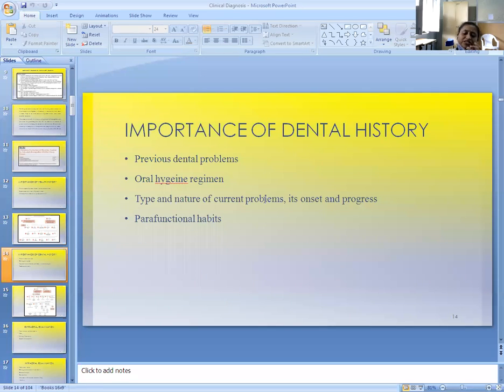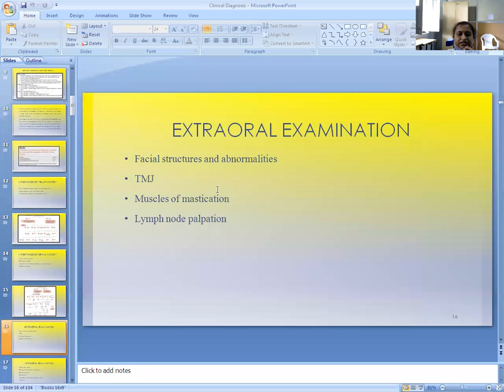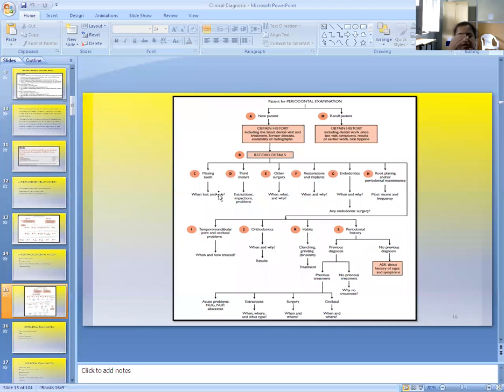So for that purpose, you should know all details about the patient's dental history also. Okay. It will give you some ideas. This is also a similar flow chart.